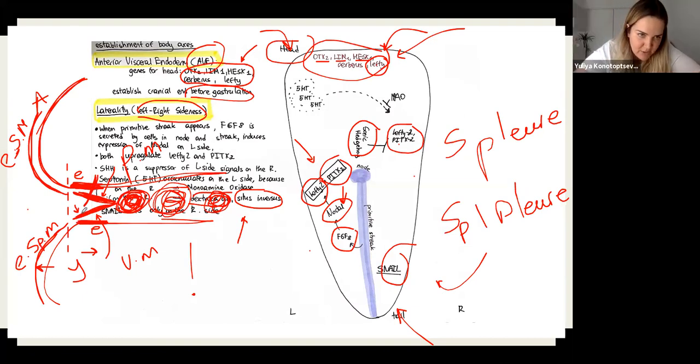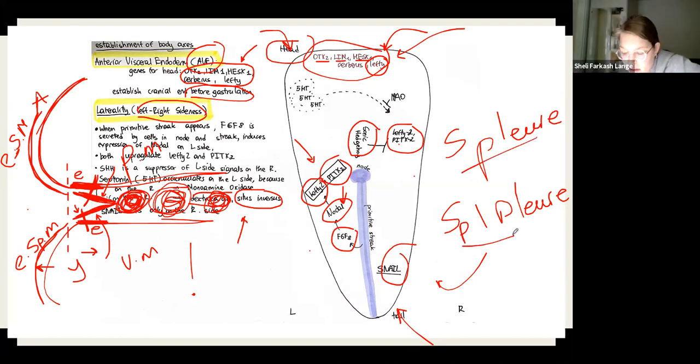What do you think splanchno is? The visceral and the endoderm. Okay, so visceral mesoderm and the endoderm. That's going to be the splanchnopleur. Are those terms clear? Can you repeat, please, what makes the somatopleur? Somatopleur is this area. This area is your ectoderm and parietal mesoderm.